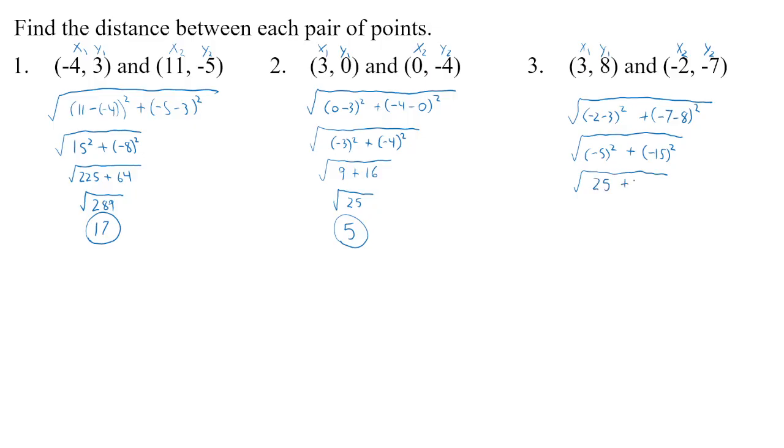Negative 15 squared is 225. 25 plus 225 is 250. And the square root of 250 is 5 times the square root of 10. Therefore, the distance between the 2 points is 5 times the square root of 10.